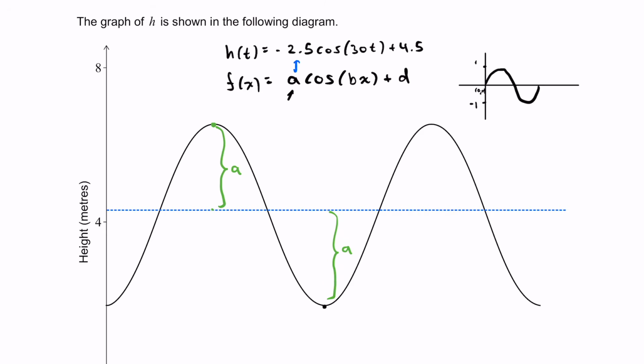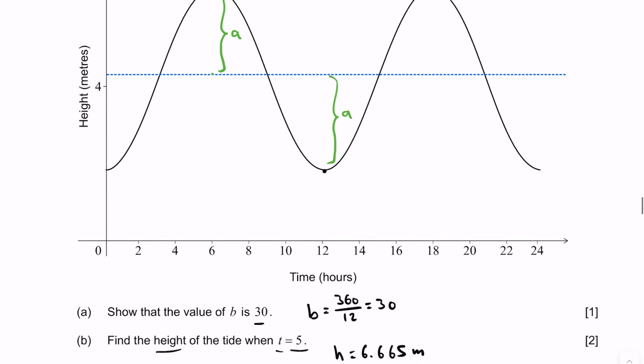So in this case, this is a cosine function, but we're shifting it up 4.5 units. So the location of the principal axis, which is usually around y is equal to 0, is now at 4.5. So what is the principal axis? It is 4.5.